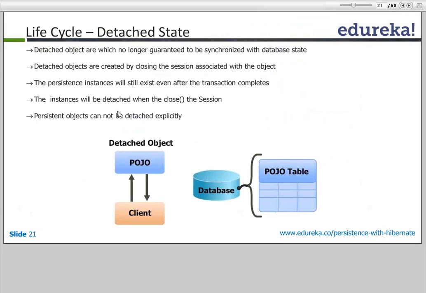Let's say it changes the email address. Then the way you want to actually update it in the database is that the detached user object can be reattached to a session, and the moment that reattachment happens, the update to the state that's there in the user object is actually immediately communicated to the database.